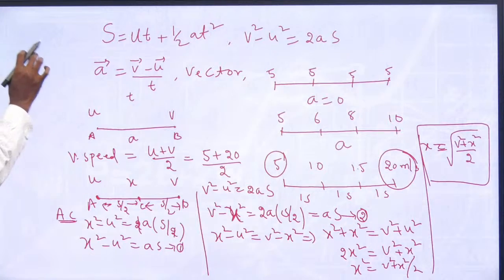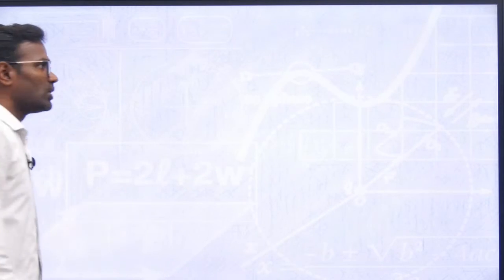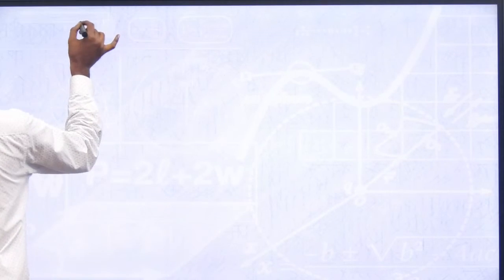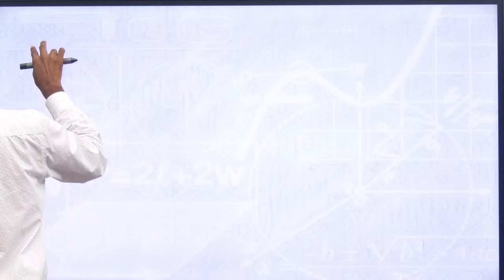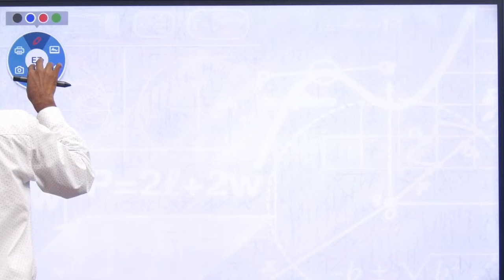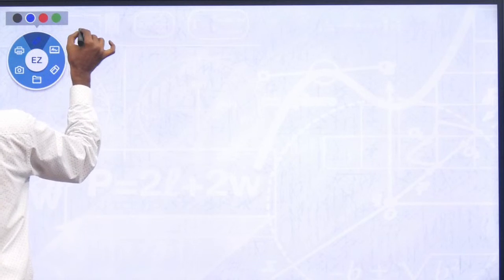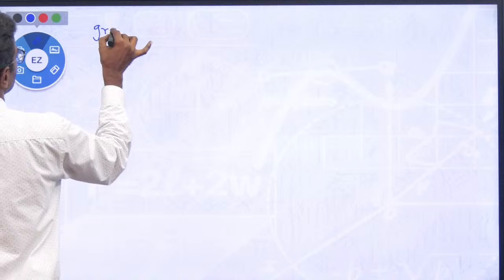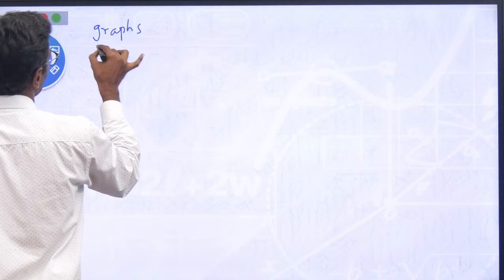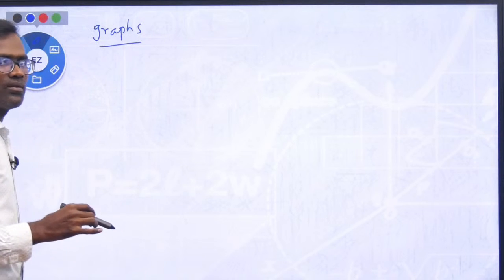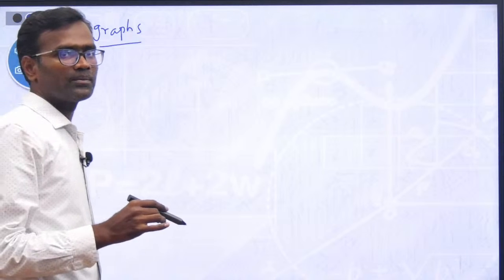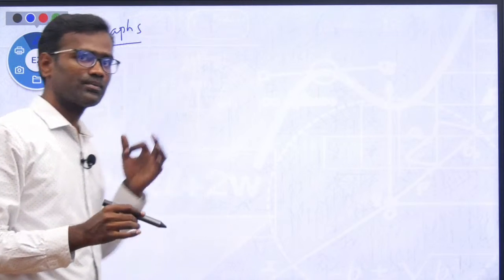Okay. So next topic. Slightly I am introducing the graphs. We have the three types of graph: position time, velocity time, and acceleration time graphs.